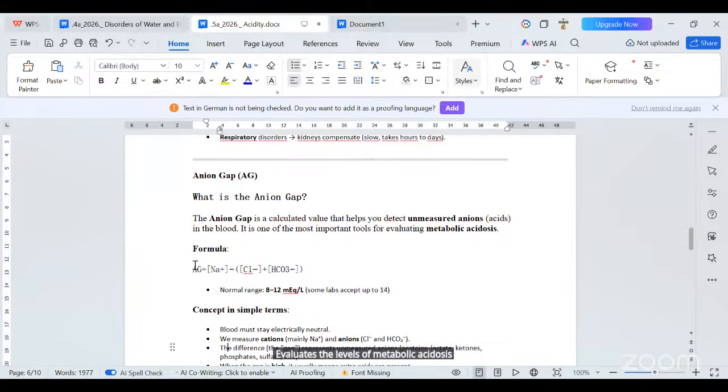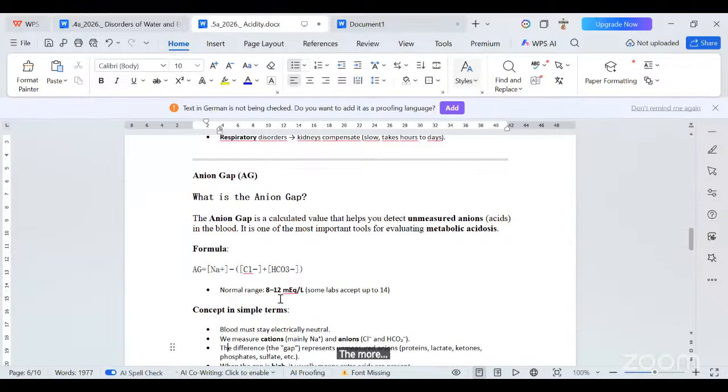So AG, which is the anion gap, the formula for calculating this is sodium ion minus chloride ion plus bicarbonate ion. That gives us the levels of unmeasured acids in the blood.